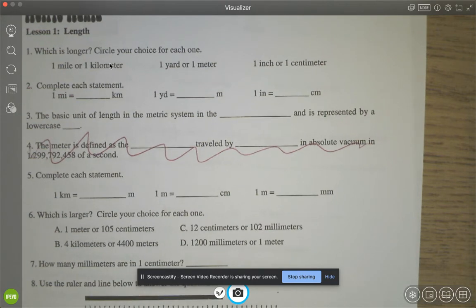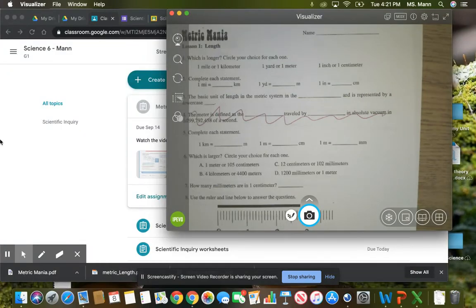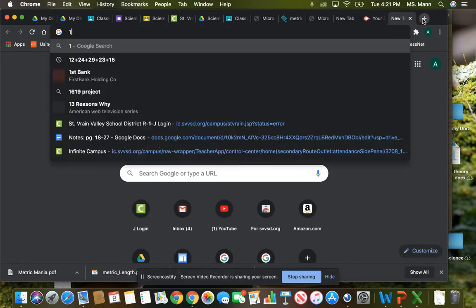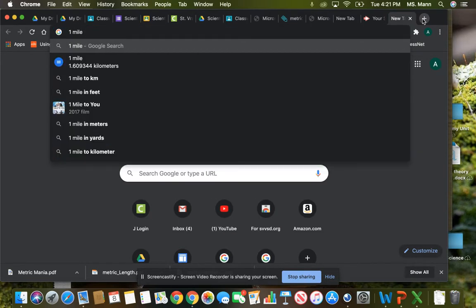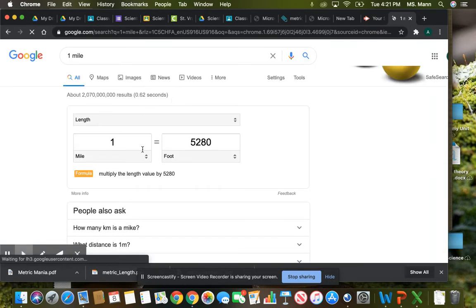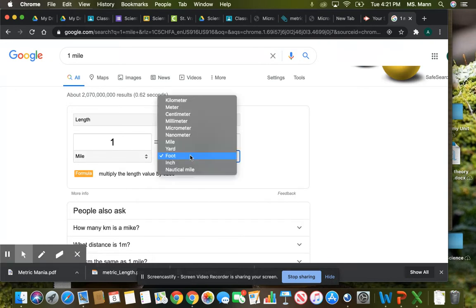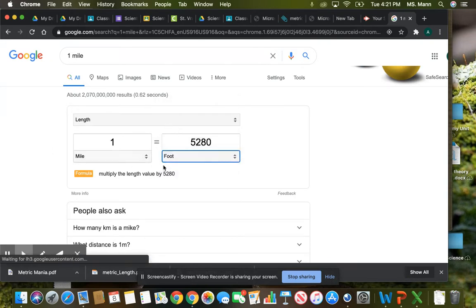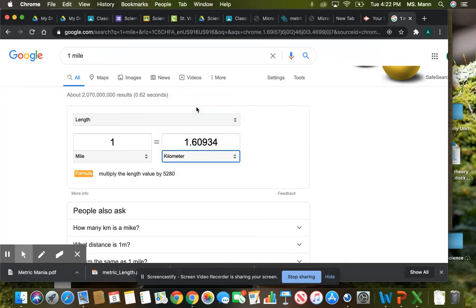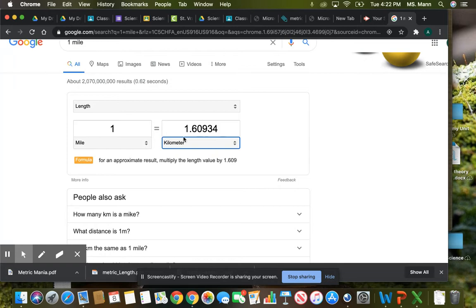So our first one right here is a mile or a kilometer, right? So you can even Google this. That is completely okay. You can go 1 mile. Oh, and look at that. Equals 1.6. Oh, and this is what I love about Google, you can use it for anything. So you start at 1 mile, and we want to just convert that to kilometers, right? 1 mile is equivalent to 1.60934 kilometers, right?